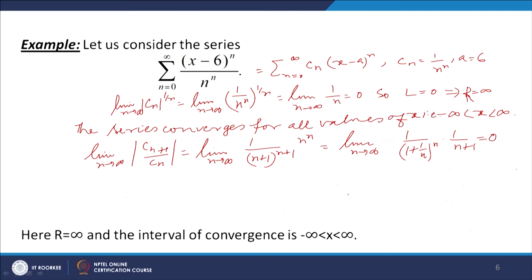So, this is equal to 0. Okay. So, L is equal to 0, and therefore, R is equal to infinity. The series converges at x equal to 6. So, the series converges for all real values of x. So, we can apply both the tests, the root test as well as the ratio test here, and we can obtain the value of R and the interval of convergence.